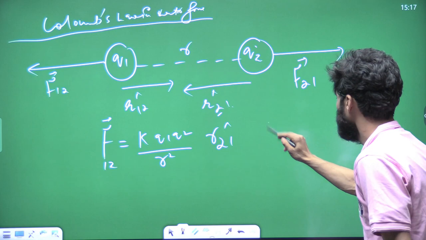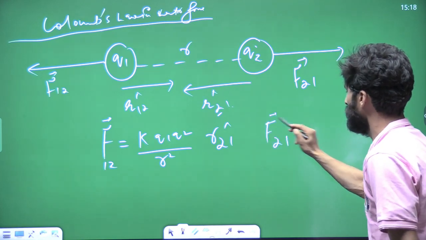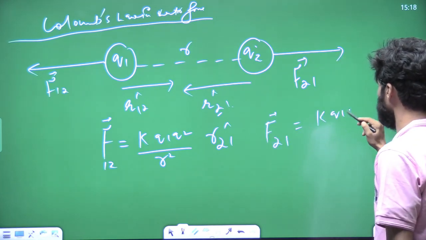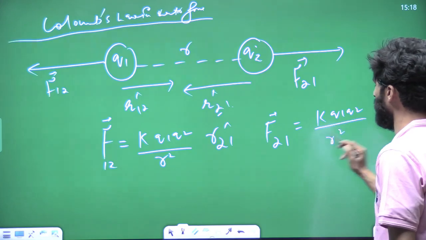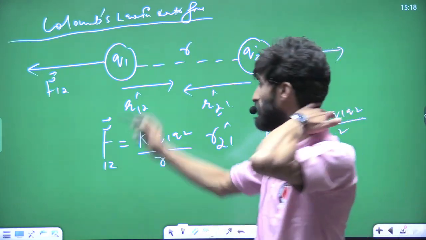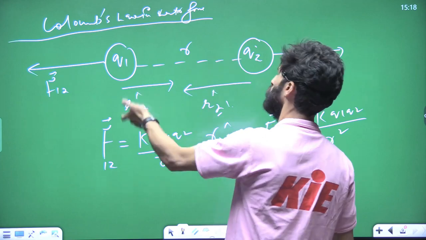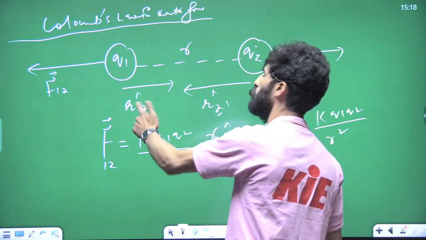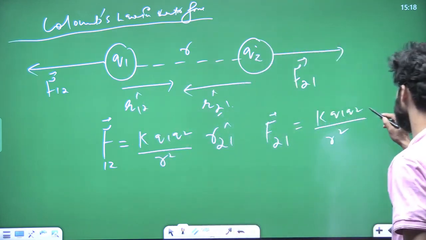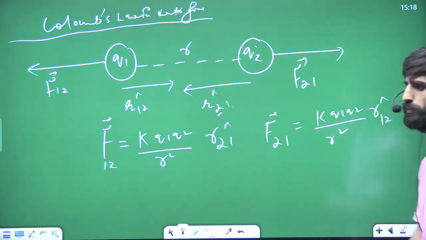Similarly, my dear student, F21 is going to be K times Q1 Q2 divided by R square, and force on 2 due to 1 is when Q1 is facing towards Q2, and the position vector of Q1 towards Q2 is R12 cap.